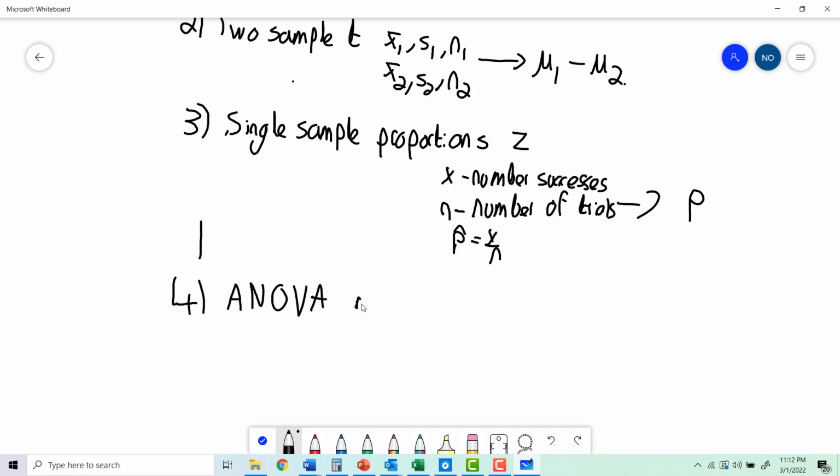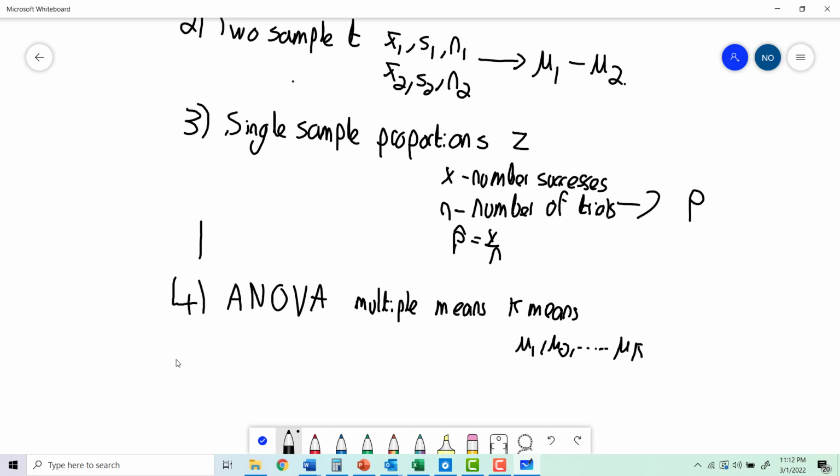We're looking at multiple means. So for example, if we have k means, we'll be making inference on mu1, mu2, all the way up to mu-k.